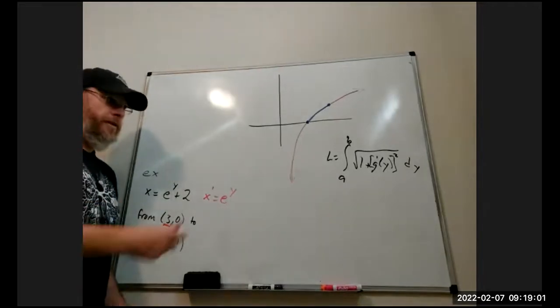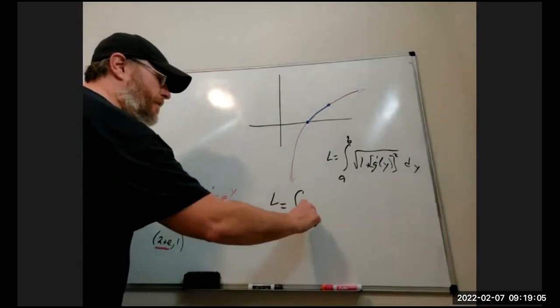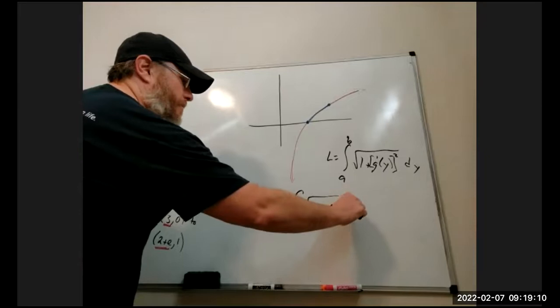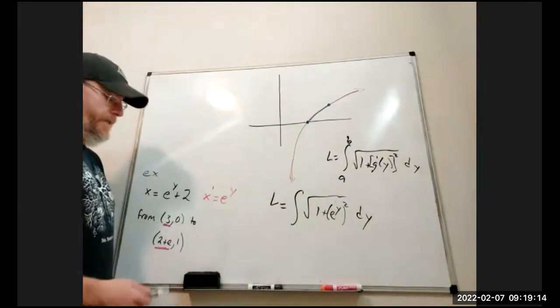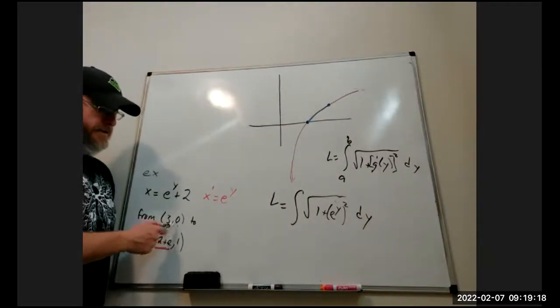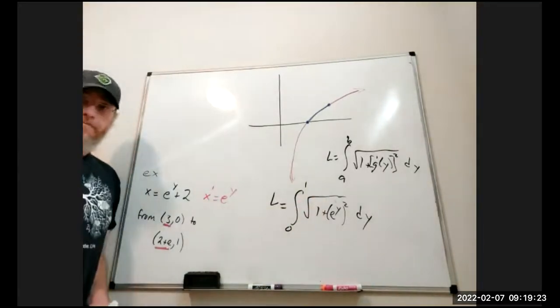And so to find this length, it's going to be an integral of the square root of 1 plus e to the y squared, dy. And we would need our y bounds. Well, our y values were 0 to 1. So there you go.